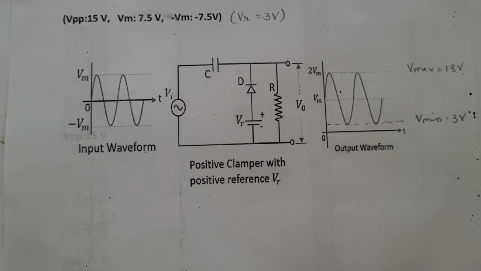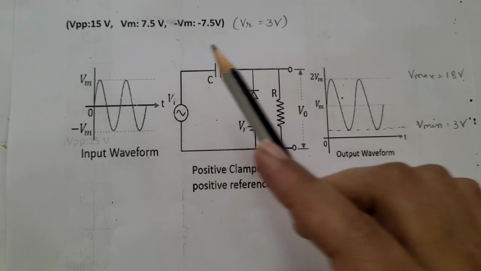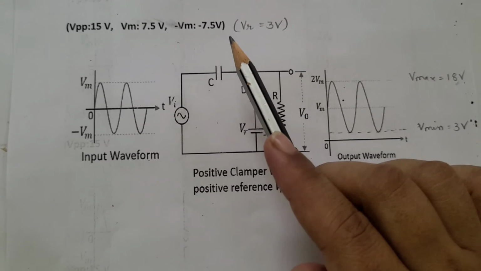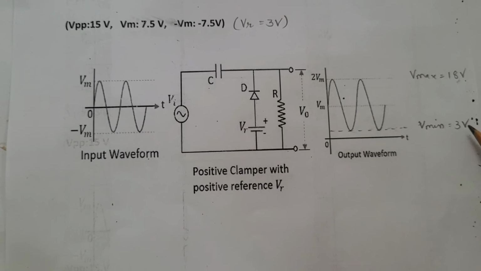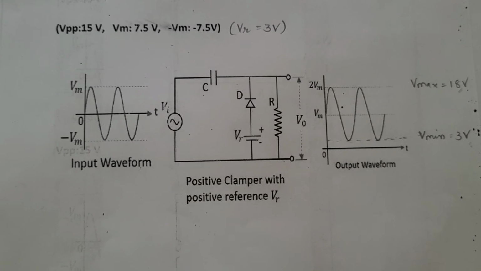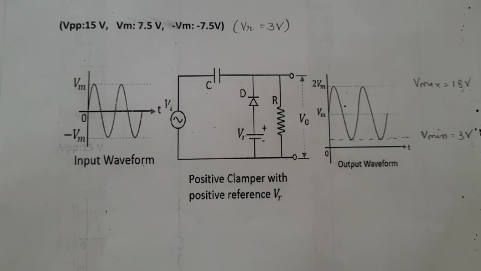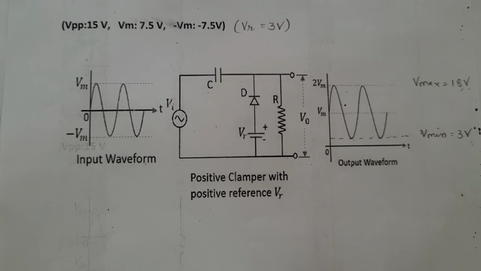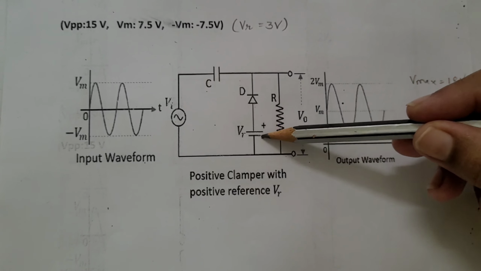If we observe, the input Vmax, that is 7.5 volt, is shifted to 18 volt, and the input V minimum, that is minus 7.5 volt, is shifted to 3 volt, which is the positive reference voltage. The circuit is the same as the basic positive clamper. The only component added is the positive reference voltage below the diode.